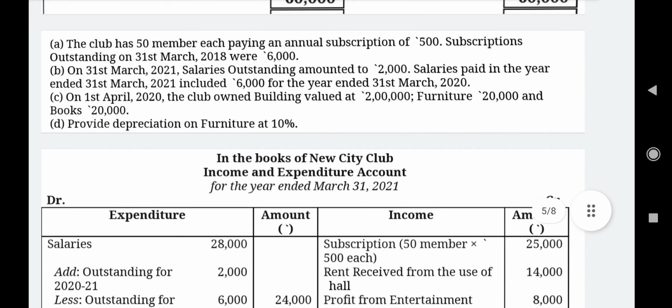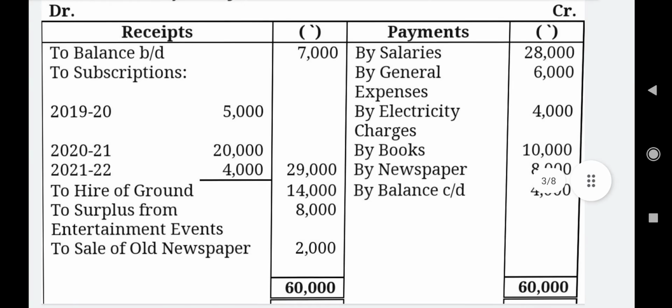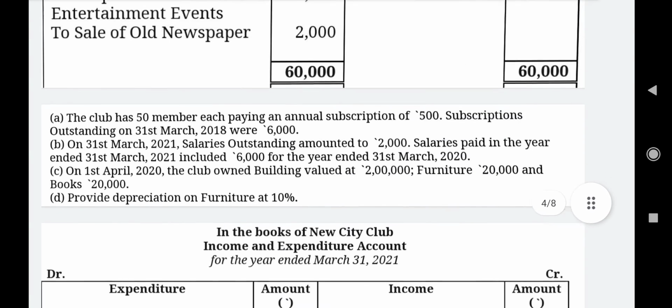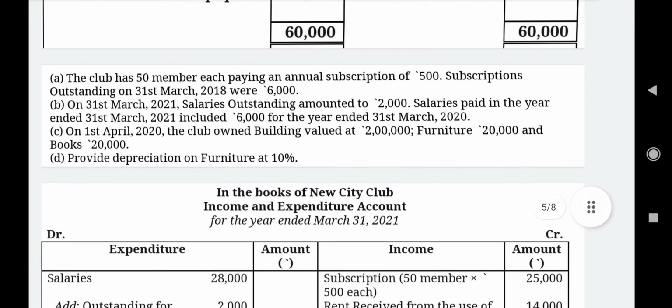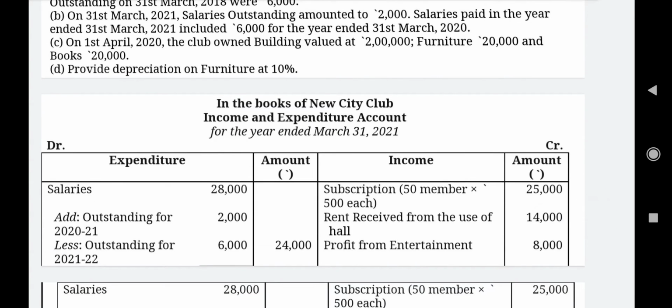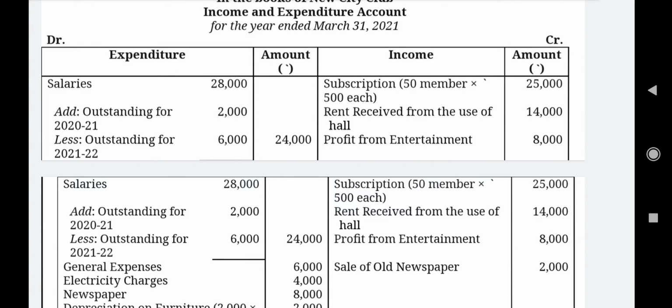Is there any other adjustment on salary? No, only the outstanding 2,000 and the 6,000 for the previous year. So your total salary is 28,000 plus 2,000, that is 30,000, minus 6,000, then 24,000 will be recorded in the expenditure amount block.